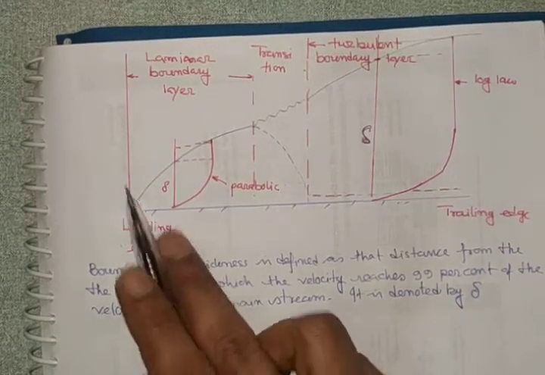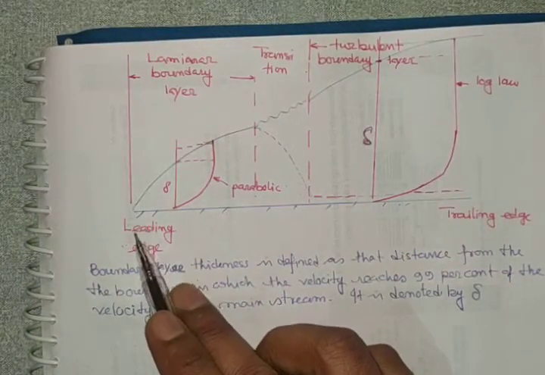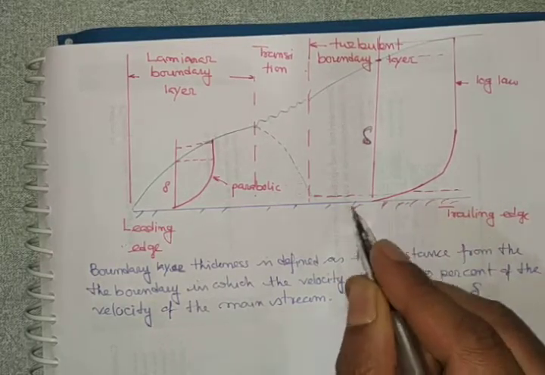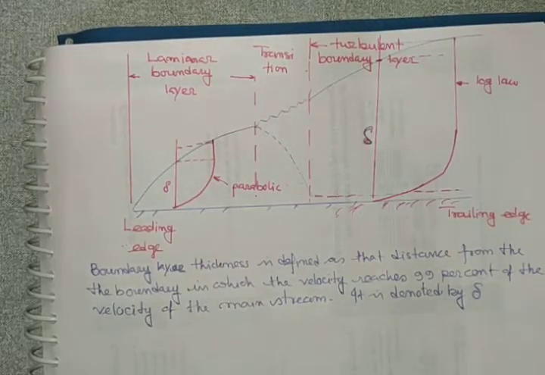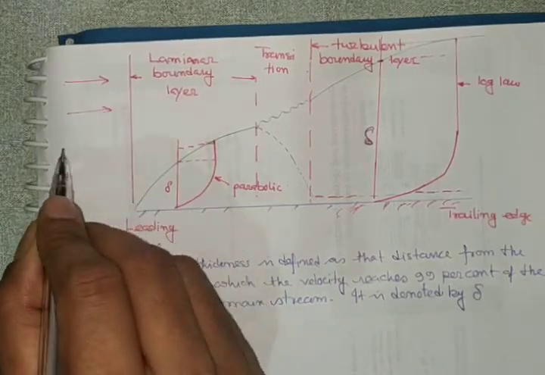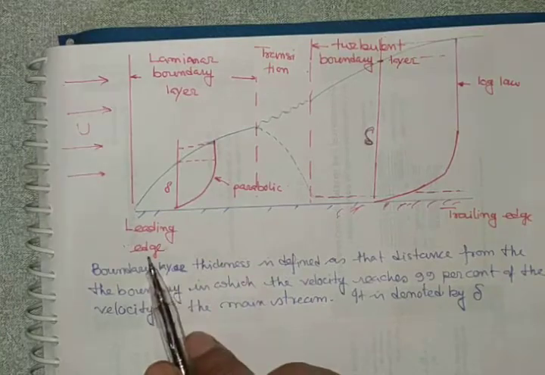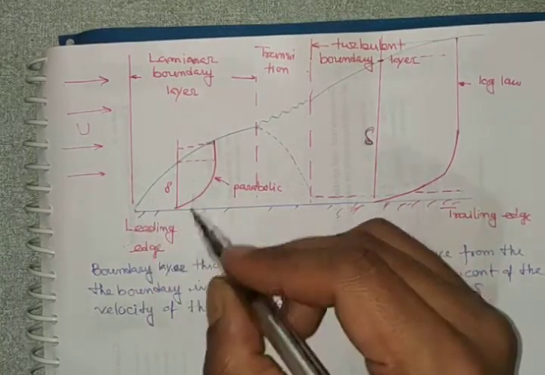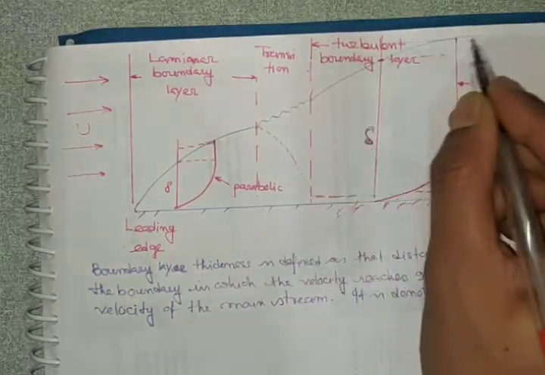So this is one diagram. This is your leading edge, this is your trailing edge, and this is, suppose, the solid surface. A free stream of fluid is coming from this direction with a velocity capital U, suppose, and after striking here you will get a boundary layer, and this is transition, this is turbulent flow.